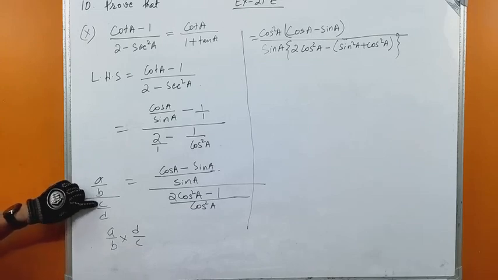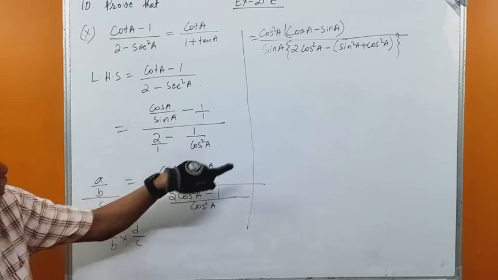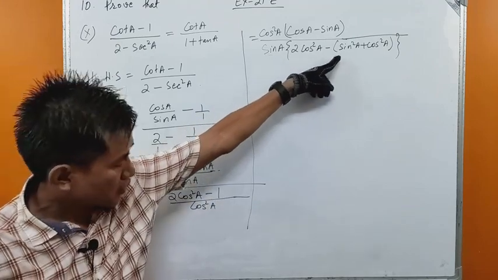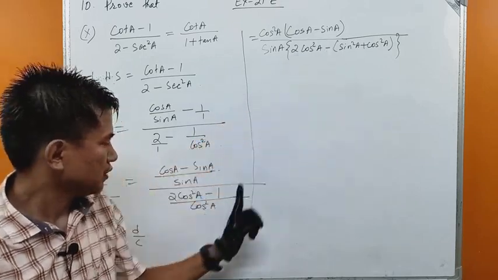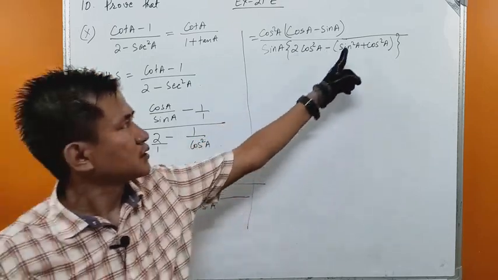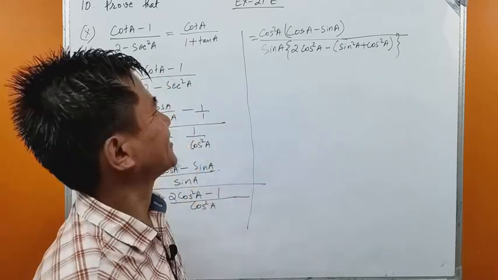So b into c means this is b, this is c. Sin A into 2 cos square A minus 1. So 2 cos square A minus, this minus 1 means sin square A plus cos square A, because sin square A plus cos square A is 1, isn't it?